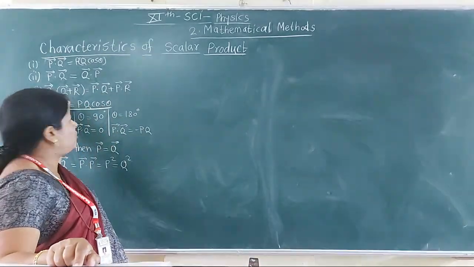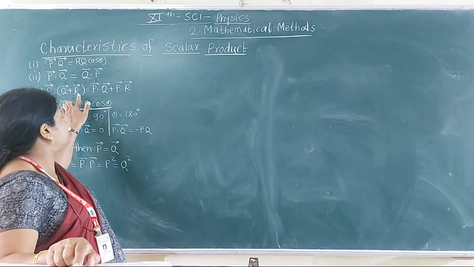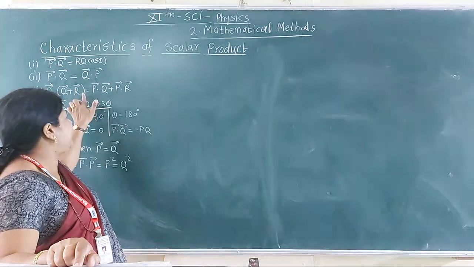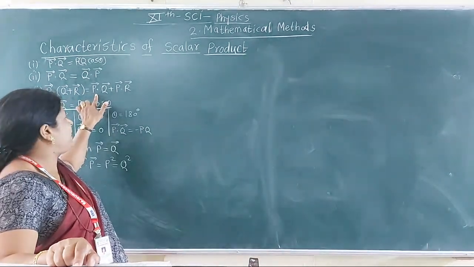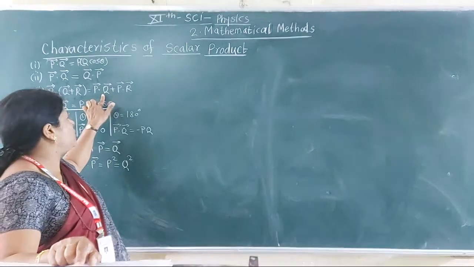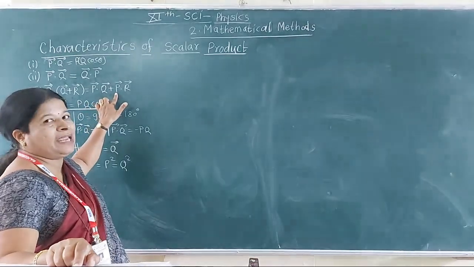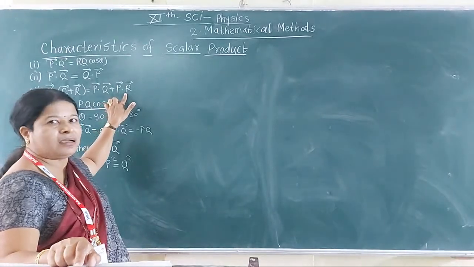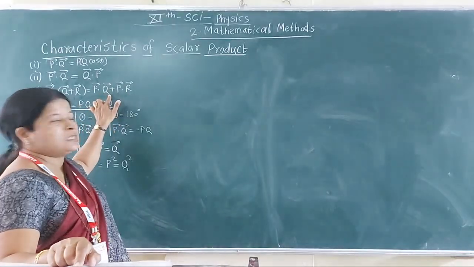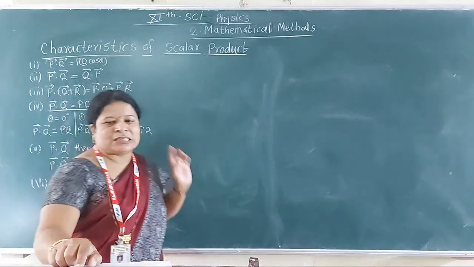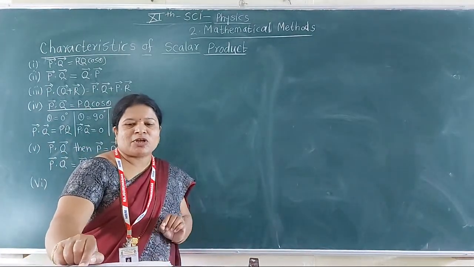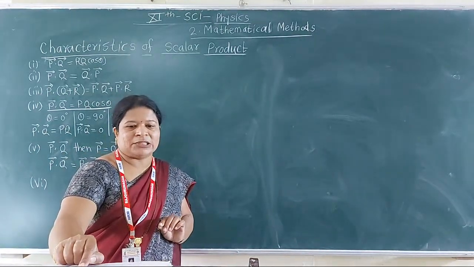Vector P dot (vector Q plus vector R) is equal to vector P dot vector Q plus vector P dot vector R. This characteristic is called the distributive law of multiplication.